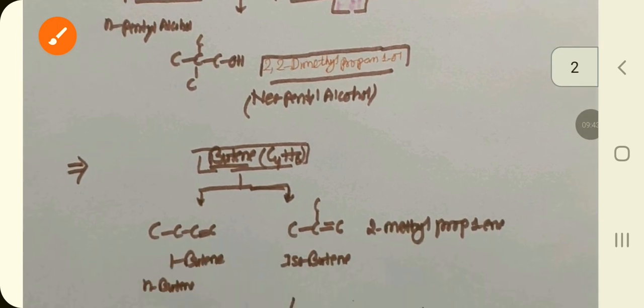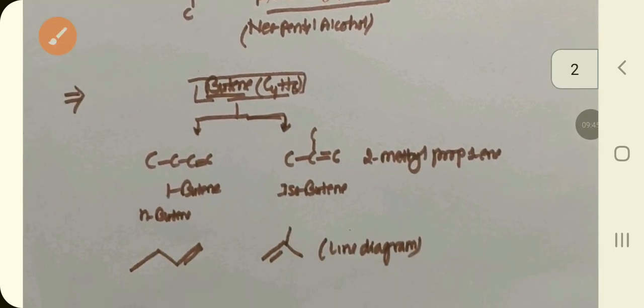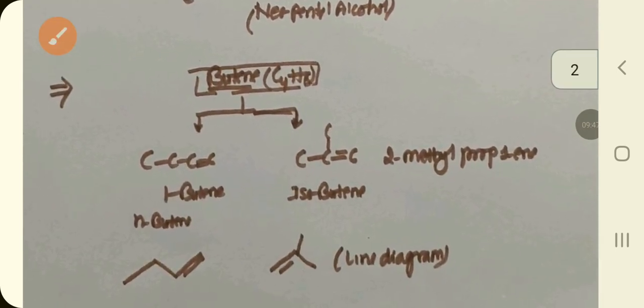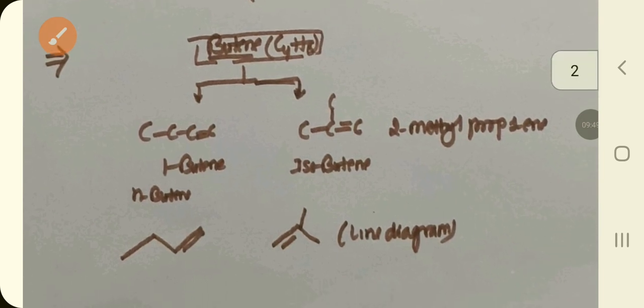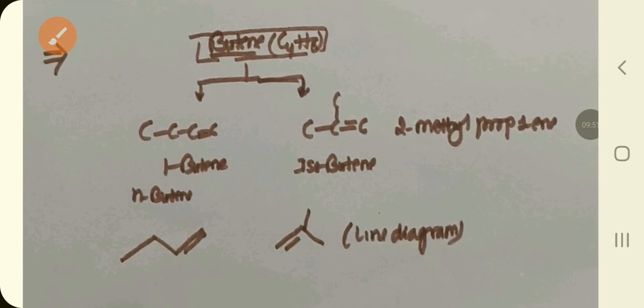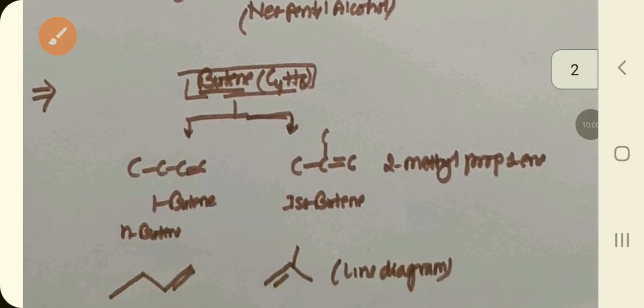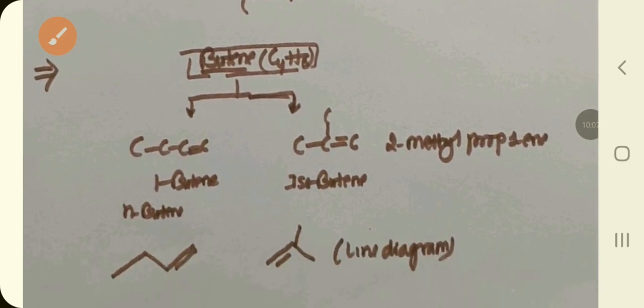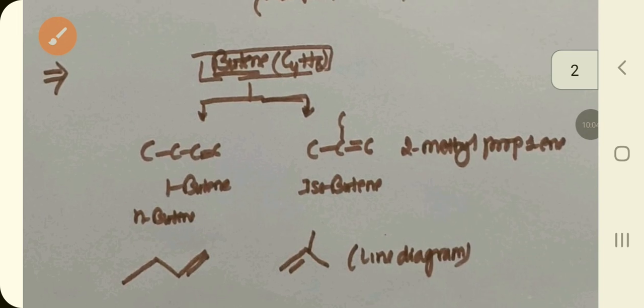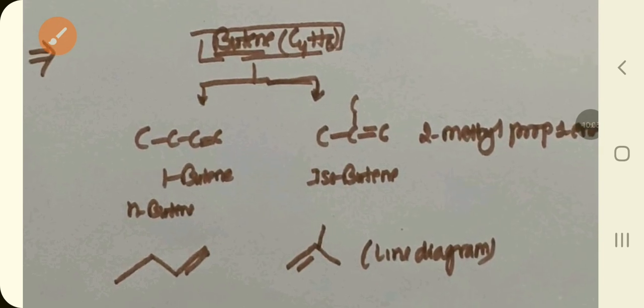Now move on to another example. You can see butene. We are finding chain isomers of butene. Butene has a double bond, and these are chain isomers. The molecular formula is C4H8.